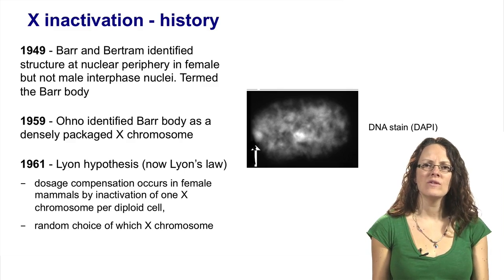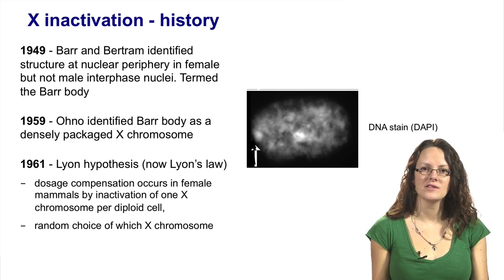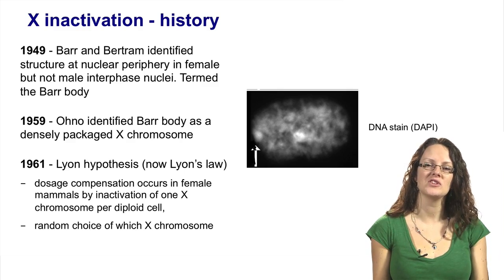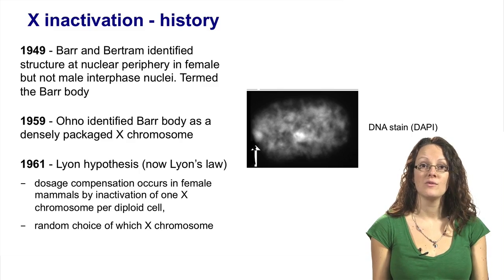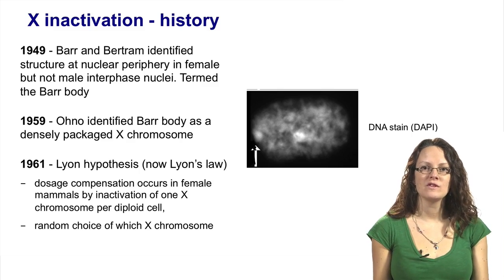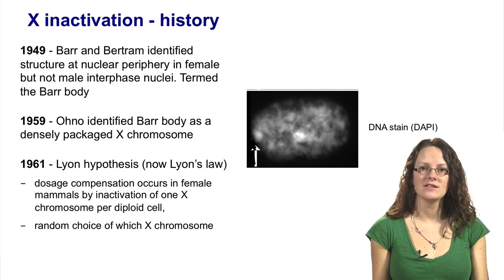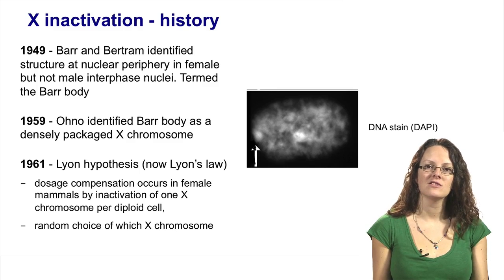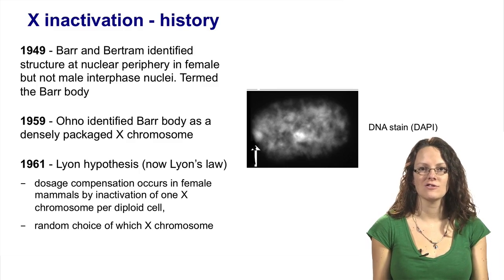And really, one of the hallmarks of Mary Lyon's hypothesis was that this choice of which X chromosome would be inactivated was random. So you remember that we've spoken about on other occasions that there is random X inactivation, and either the paternally inherited or the maternally inherited X chromosome could be chosen to be inactivated, and that this choice is then heritable for the life of that cell and all of its progeny.